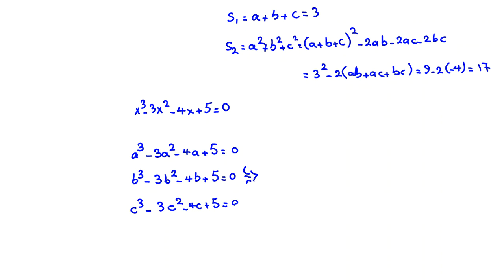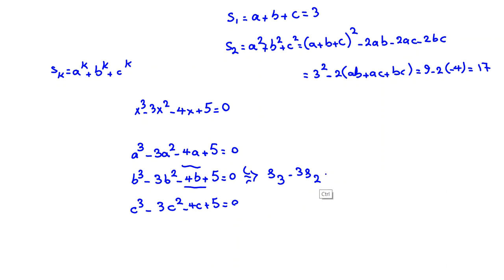Now if we add all these three equations, the first part is a cubed plus b cubed plus c cubed. By definition, S_k is a to the k plus b to the k plus c to the k, so the first column is S3. Negative 3 times (a squared plus b squared plus c squared) is negative 3 S2.